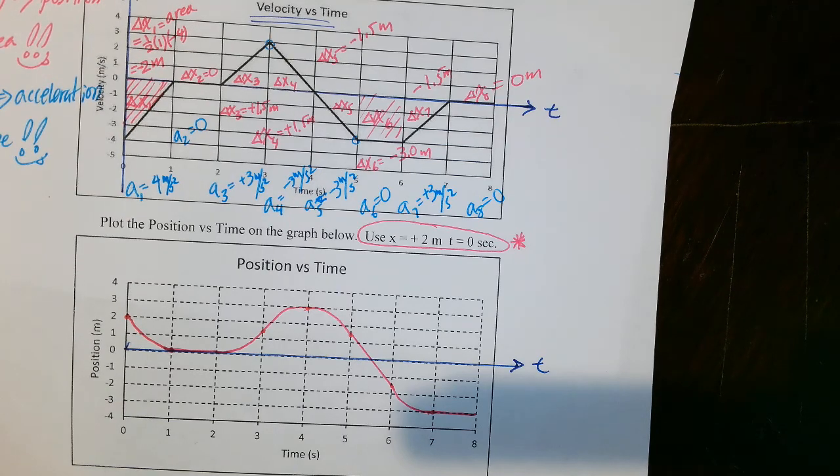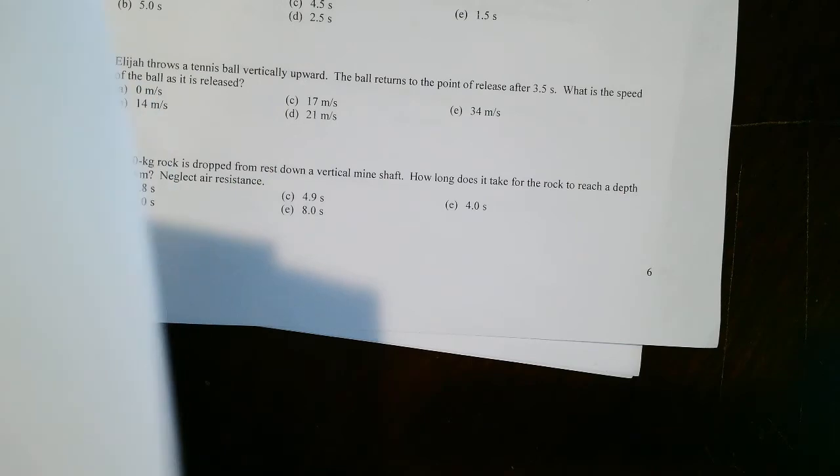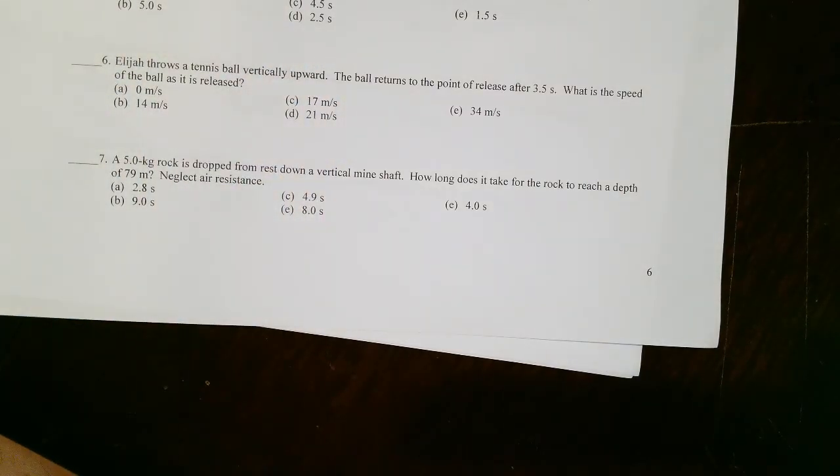And hopefully this will help you understand it deeper when we solve these constant acceleration problems. All right, so get blank pieces of paper out, and then I'm going to see if I can do this off the top of my head, and then we'll do this.